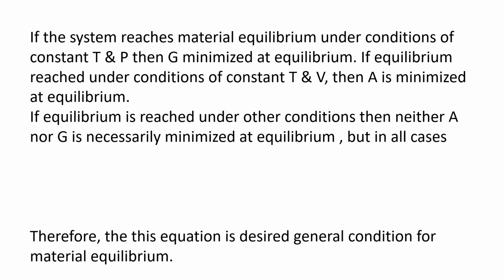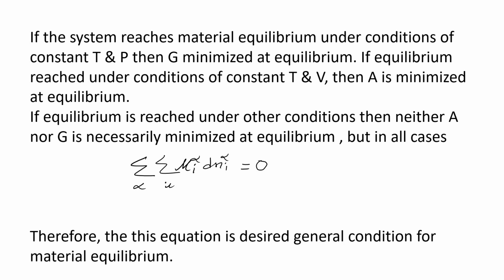But in all cases, whatever way the equilibrium is reached, for material equilibrium the summation over alpha, summation over i, of mu i alpha dn i alpha is equal to 0. That was my equation number 3. So this is equal to 0 in all cases.